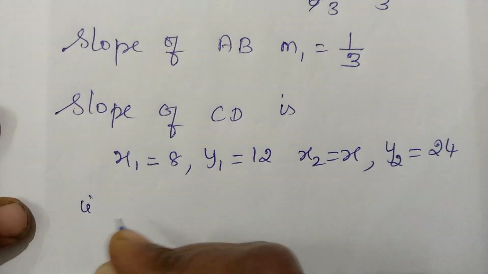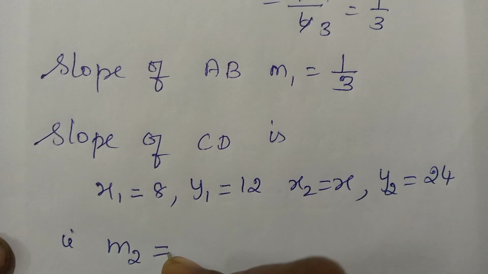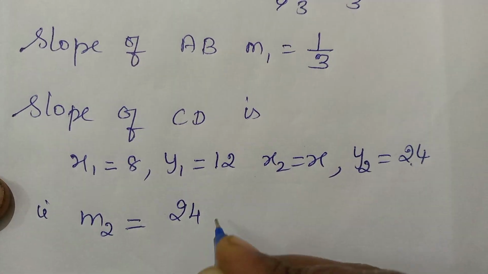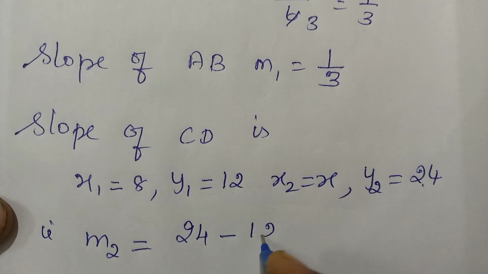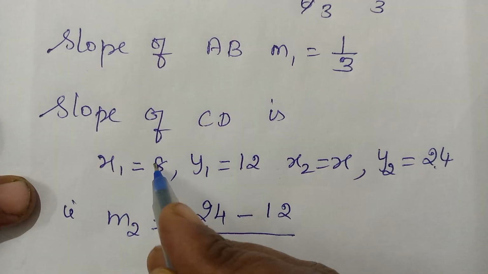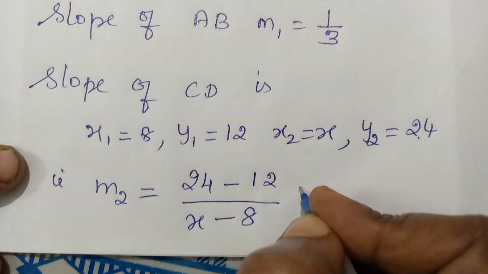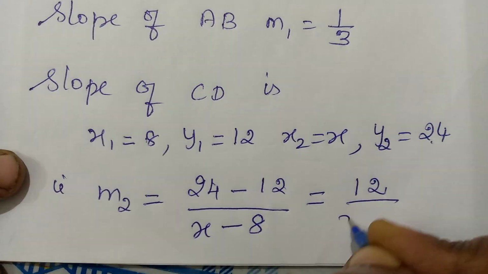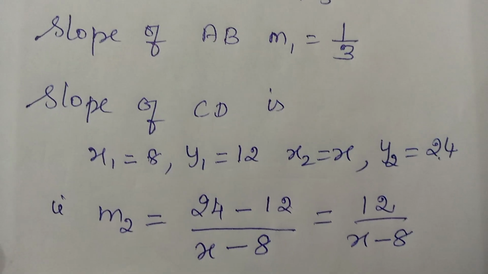That is M2 is equal to (y2 minus y1), that is 24 minus 12, divided by (x2 minus x1), that is x minus 8. That is equal to 12 divided by x minus 8.